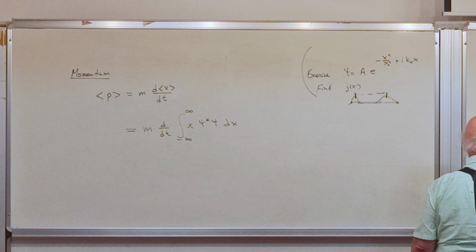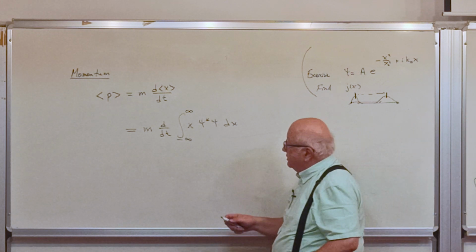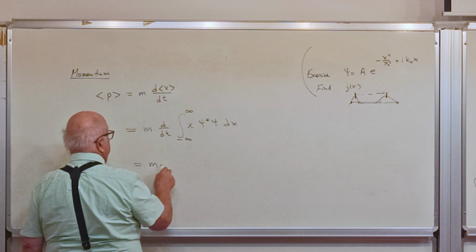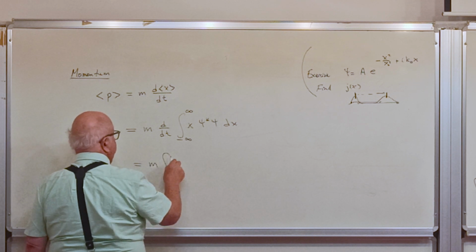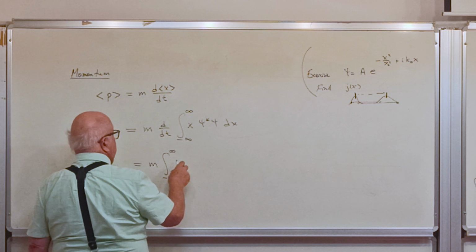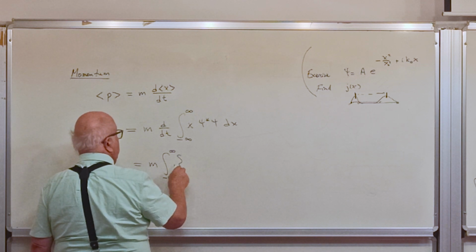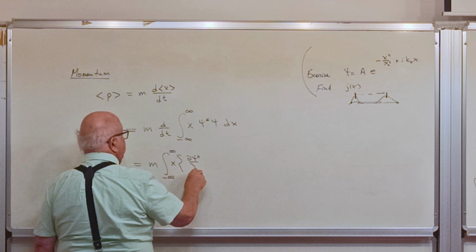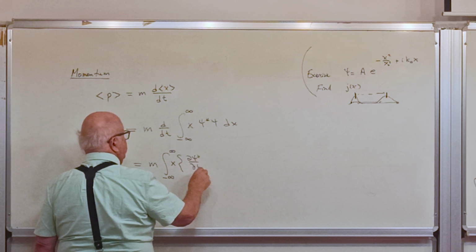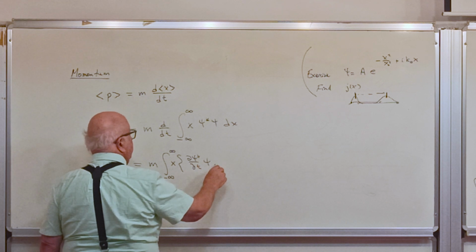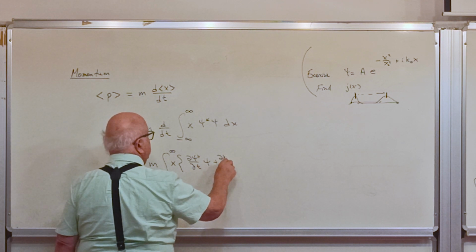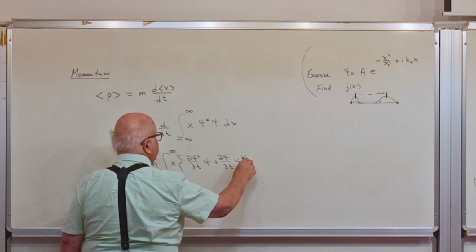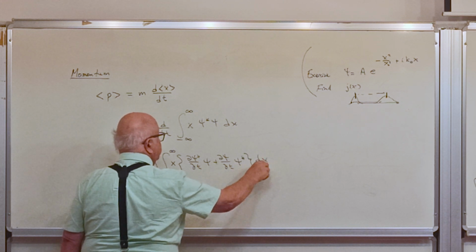I am going to get this same sort of stuff again. So m times the integral from minus infinity to infinity, two terms: x del psi star del t times psi plus del psi del t times psi star, dx.